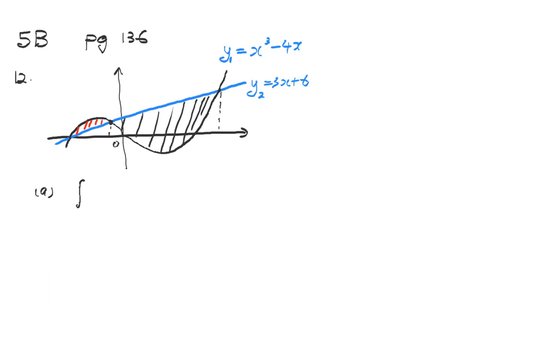Before you can solve this problem, you have to solve the simultaneous equations first. So x cubed minus 4x is equal to 3x plus 6. So my x cubed minus 7x minus 6 is equal to 0.